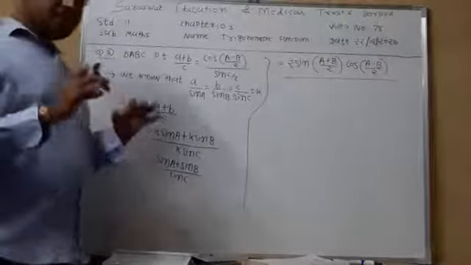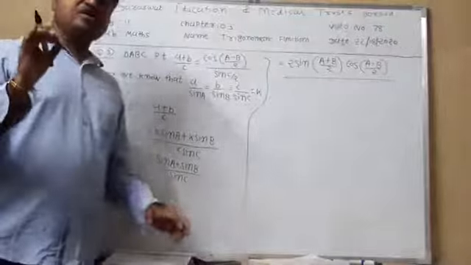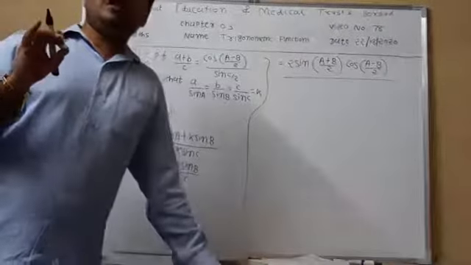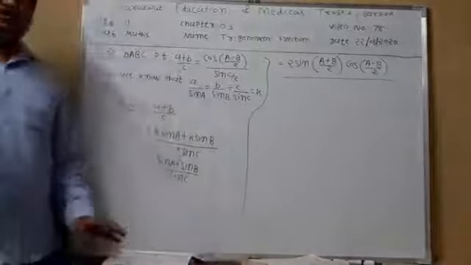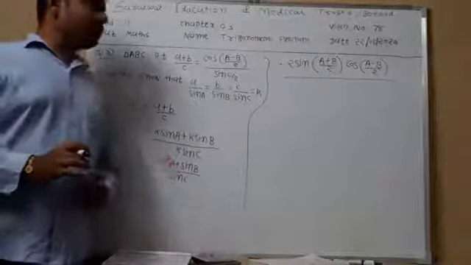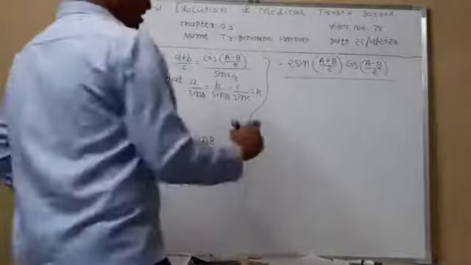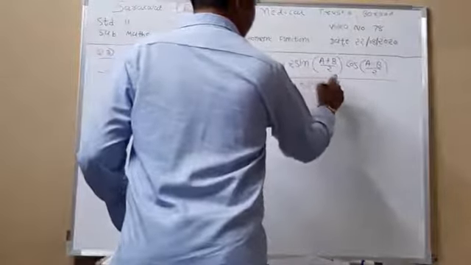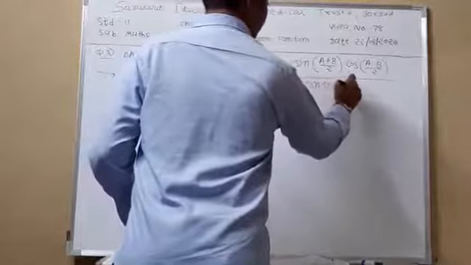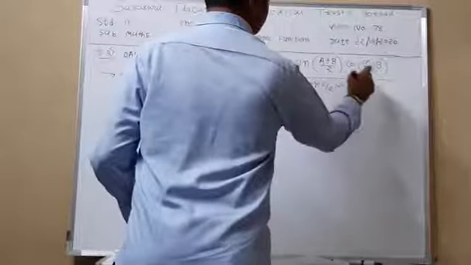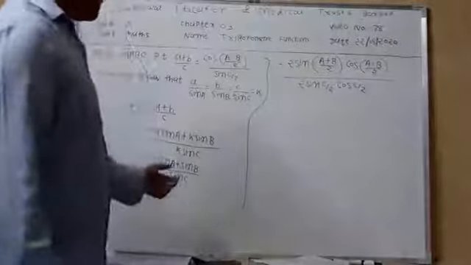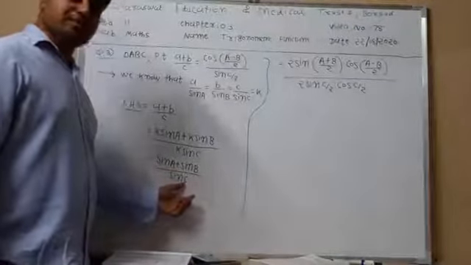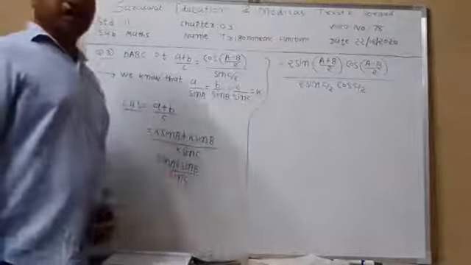Now sin theta is present, so using the identity 2 times sin theta by 2 into cos theta by 2, in the same way here sin C in place of it we write 2 times sin C upon 2 into cos C upon 2.